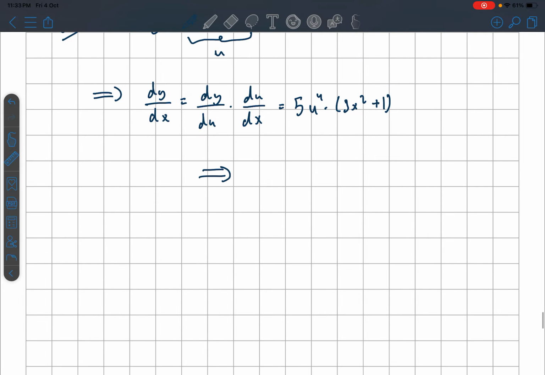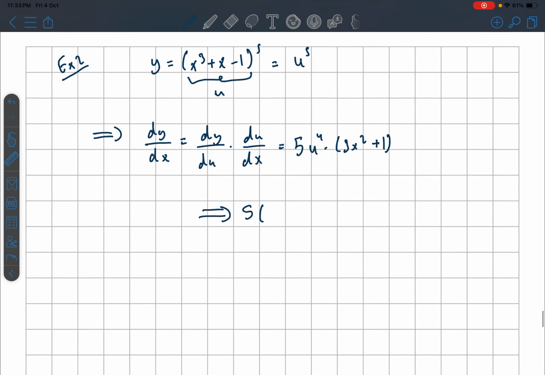So it will be 5 times (x cubed plus x minus 1) to the power of 4 times (3x squared plus 1).